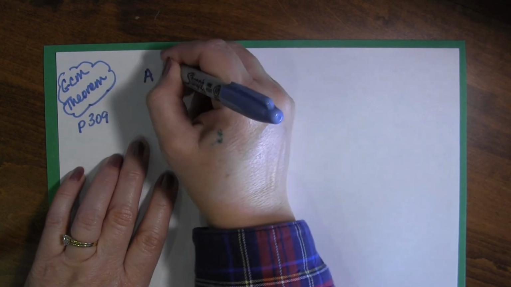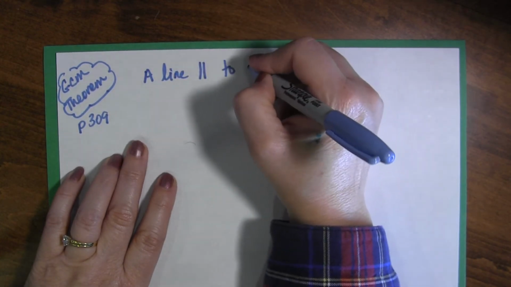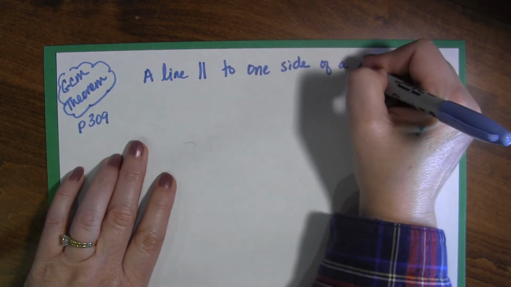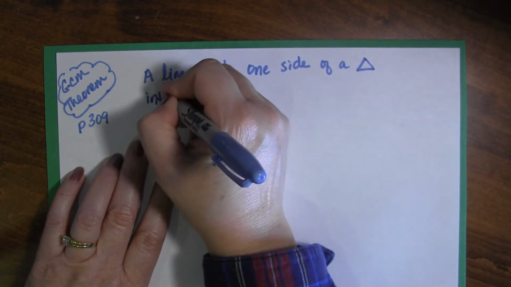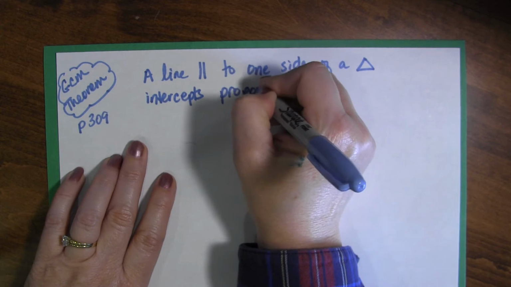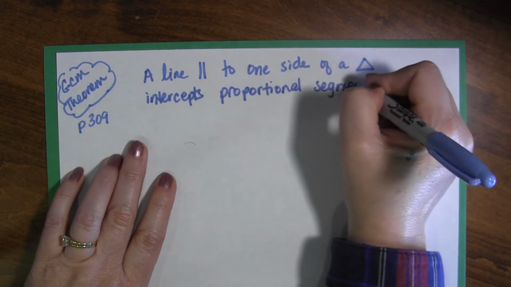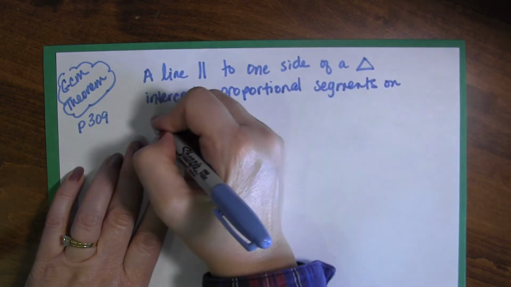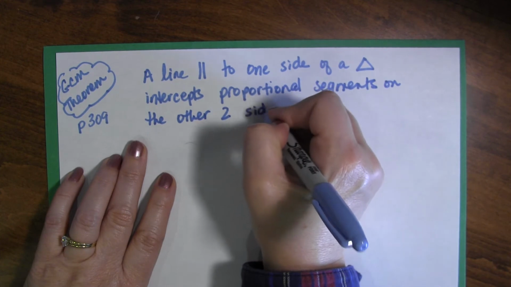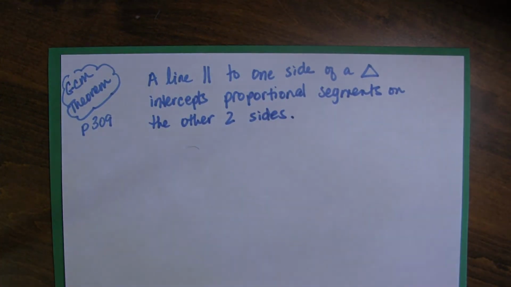It says a line parallel to one side of a triangle intercepts proportional segments on the other two sides. So let's draw an example.